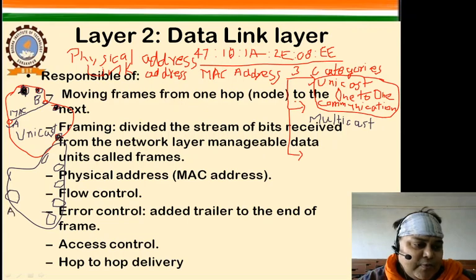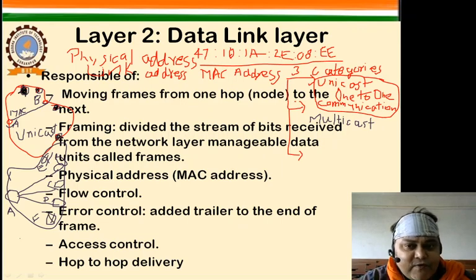So this A communicates with this B, this C, this D, but it does not communicate with E and F. You can put the numbering any way you like, do not worry about that. It is not communicating with E. Such type of communication is known as one to many.